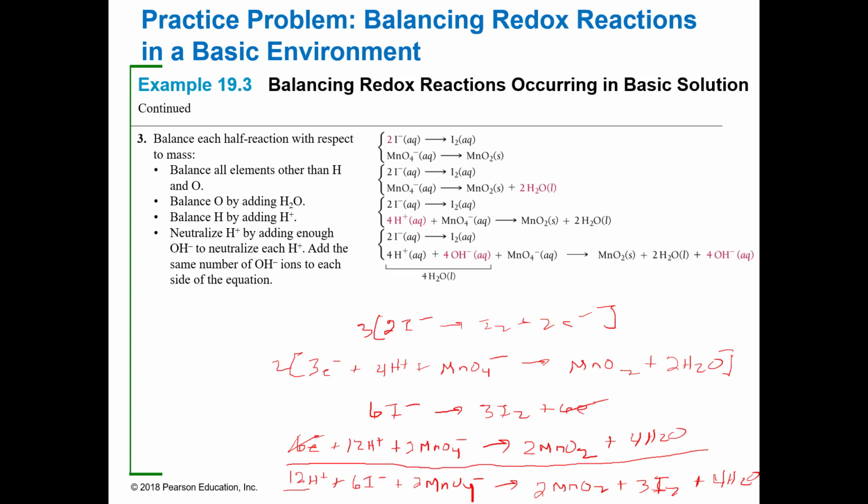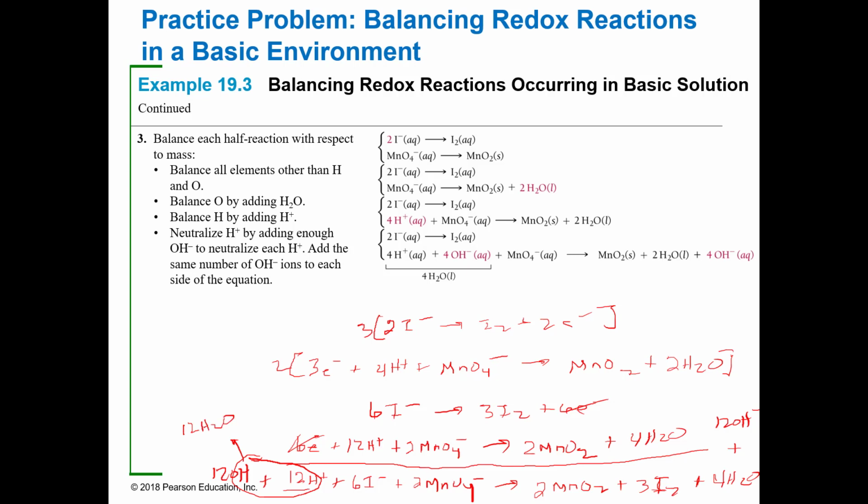So what do we do? Well, we add 12 hydroxide ions to the reactant side, which means we have to add 12 hydroxide ions to the product side. Whatever you do to the reactant side, you have to do to the product side. Well, these 12 hydroxide ions and hydrogen ions bond together and form 12 waters.